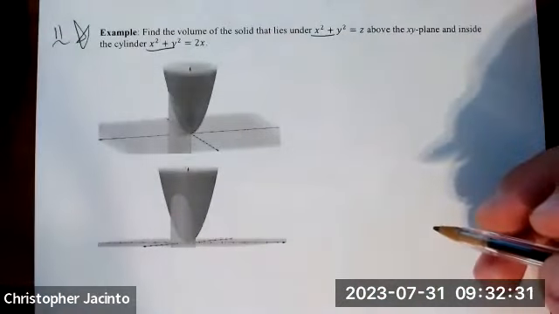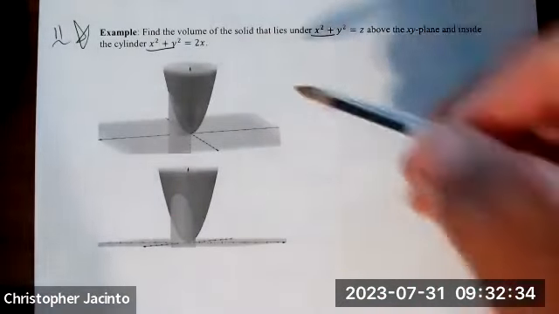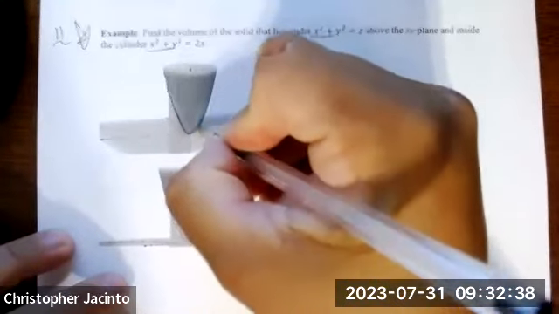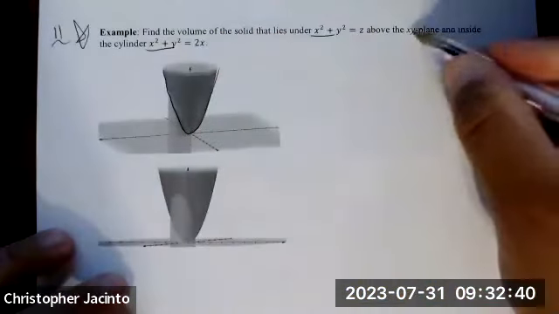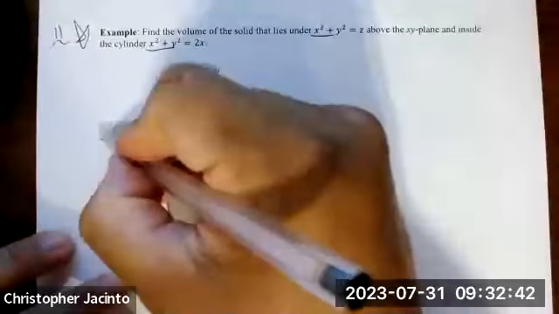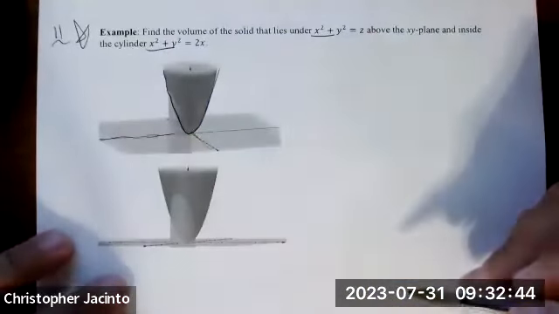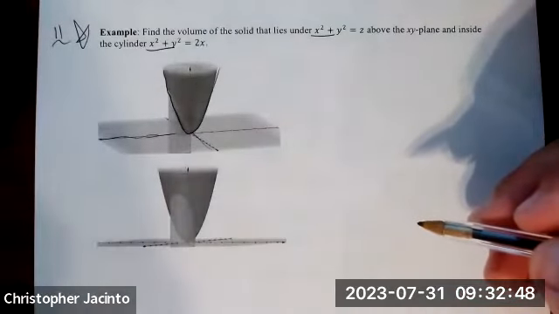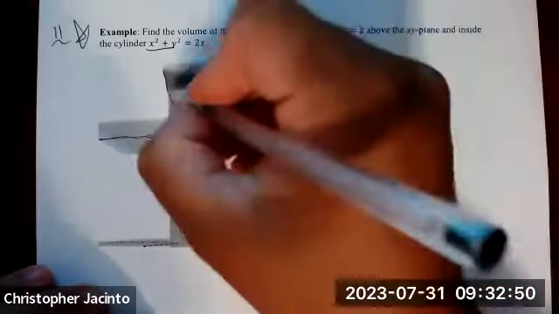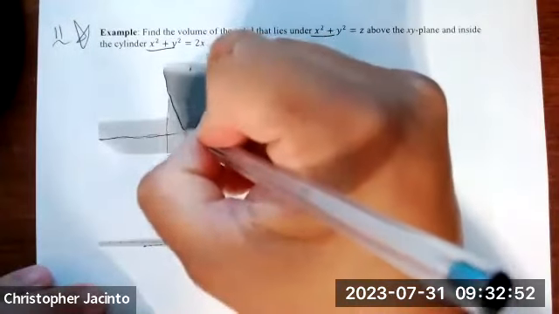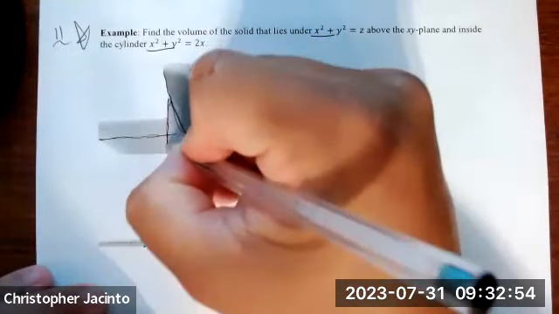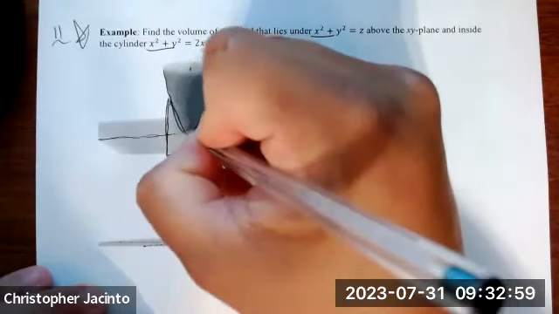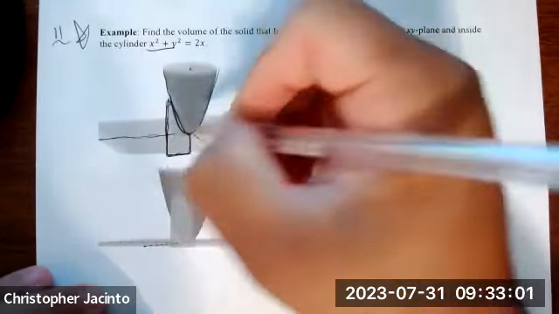Now, when it says the solid lies under this, so it's under here, above the xy plane, so above here, and inside the cylinder there. So it actually is this little piece right there is what we're doing. That's what we're looking for.